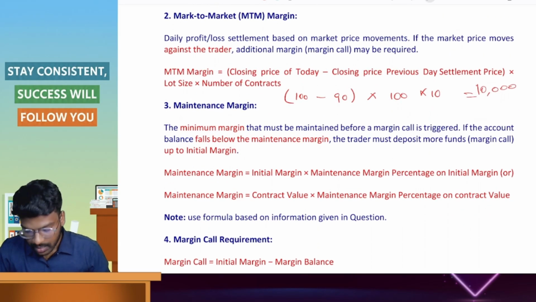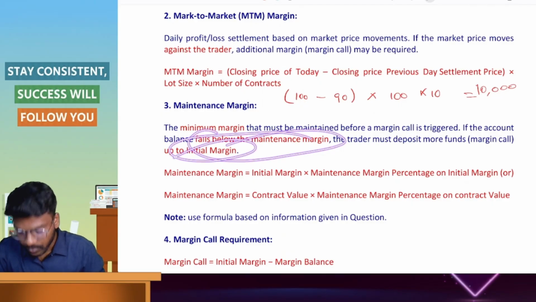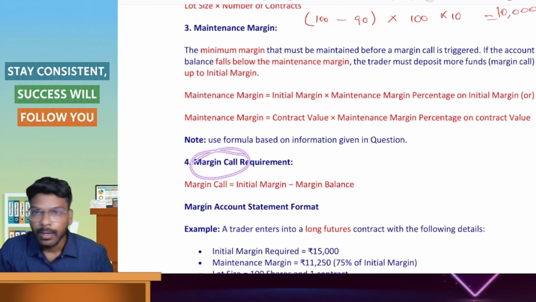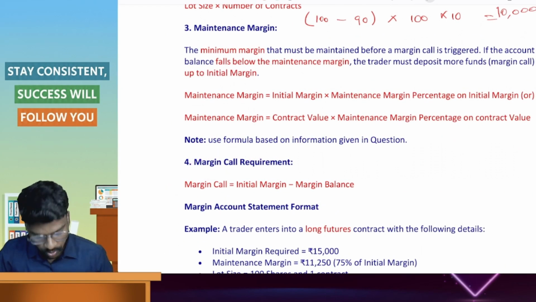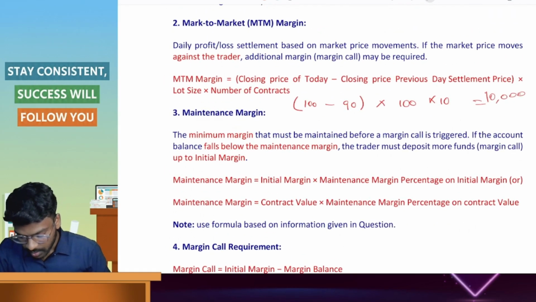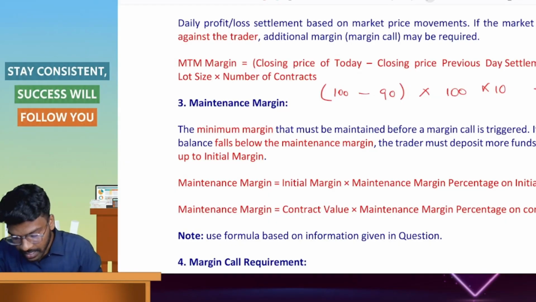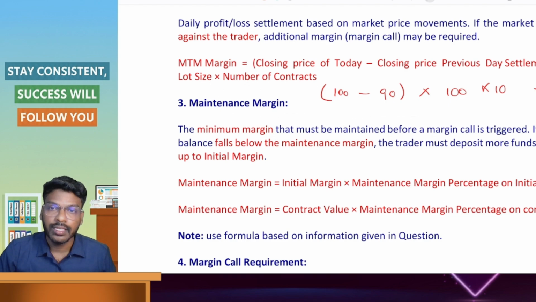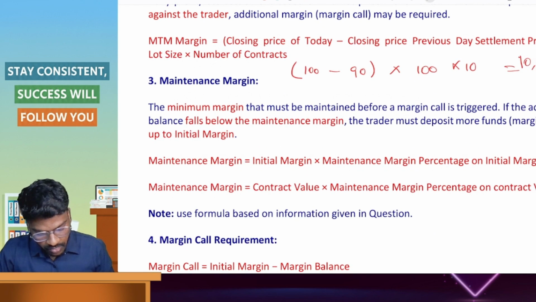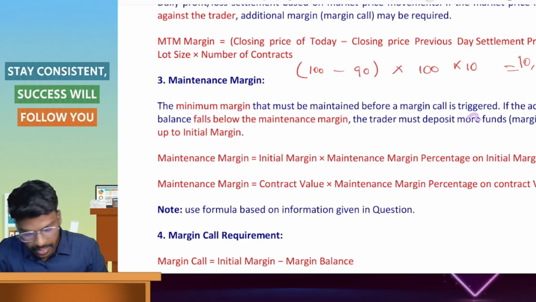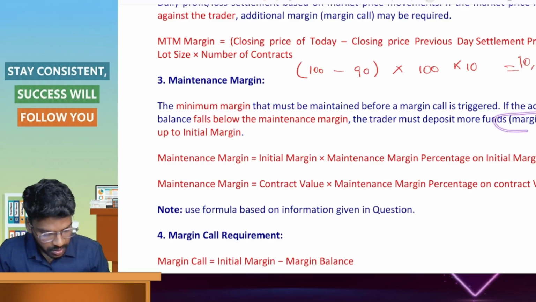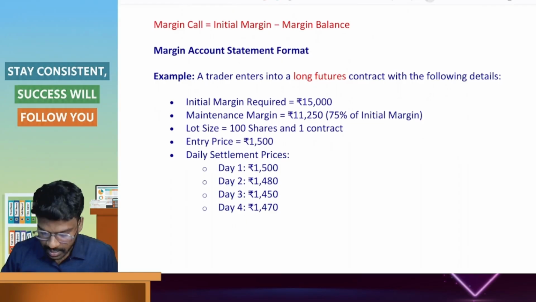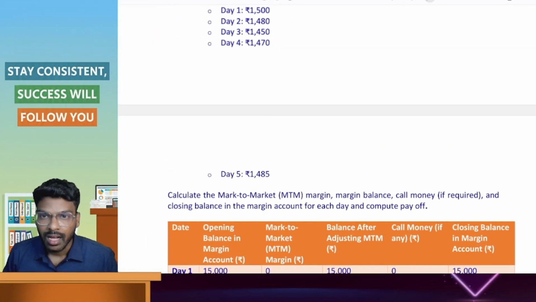Then it is up to the maintenance margin, which is not below the maintenance margin, so you are not required to bring the margin call money. So maintenance margin is the minimum margin amount that must be maintained before a call money is triggered. If the account balance falls below the maintenance margin, the trader must deposit more funds, the margin call, up to a margin amount. While explaining the example, you will understand better.